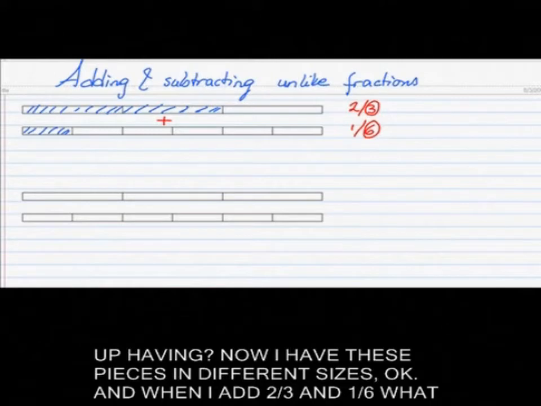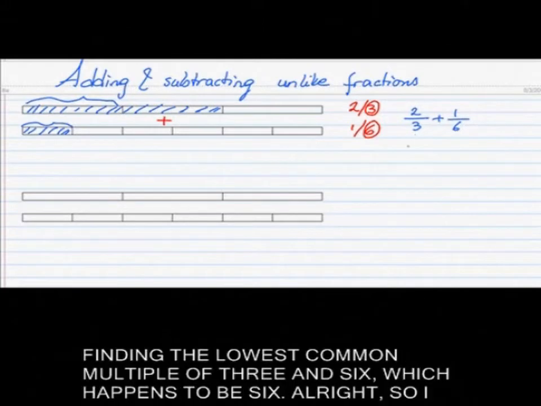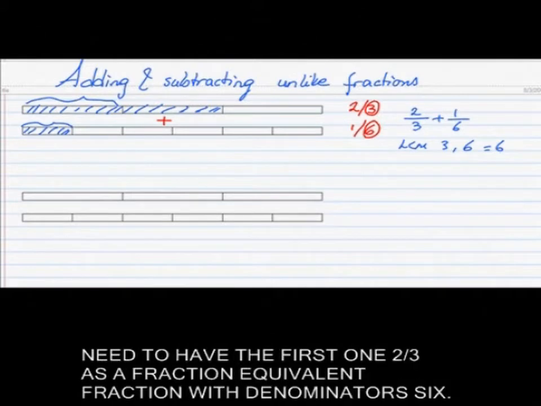Now I have these pieces in different sizes, okay? And when I add 2/3 and 1/6, I want to have a common ground. So I usually, you know the steps, end up finding the lowest common multiple of 3 and 6, which happens to be 6. I need the first one, 2/3, as an equivalent fraction with denominator 6.